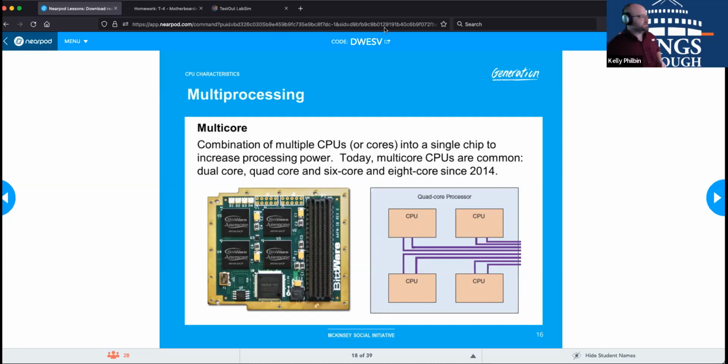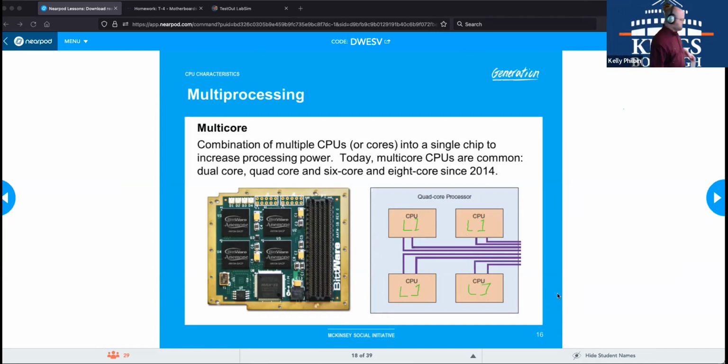So we have what is called our L1, right here in green. Each CPU has its own L1, which is just some storage so that it can hold on to stuff while it's calculating.